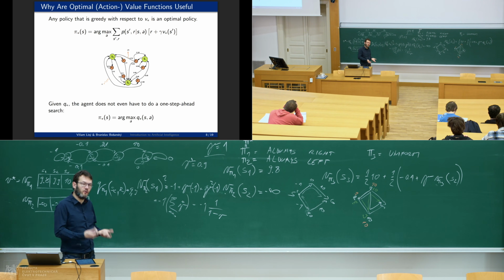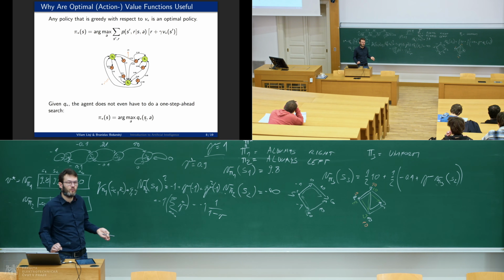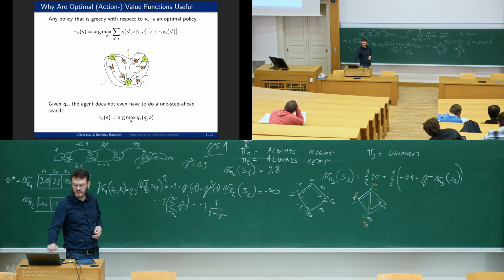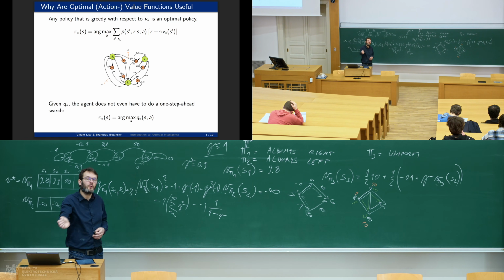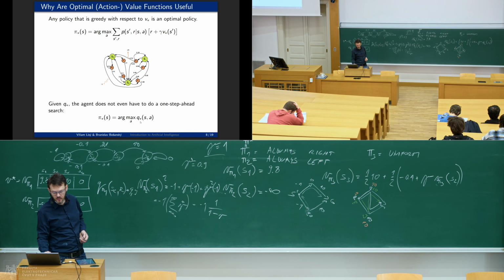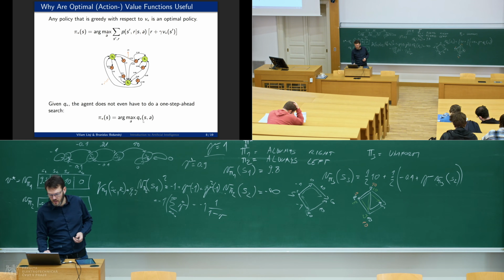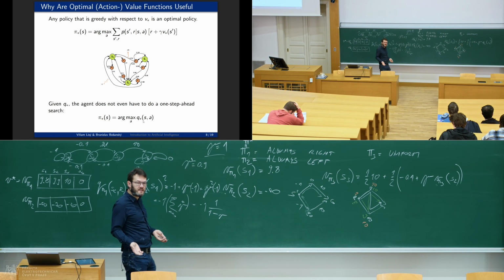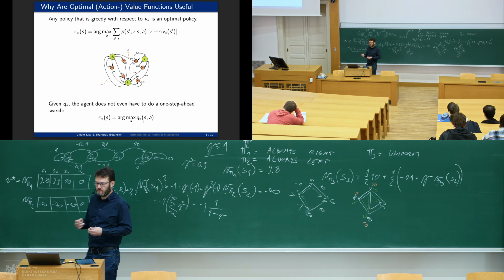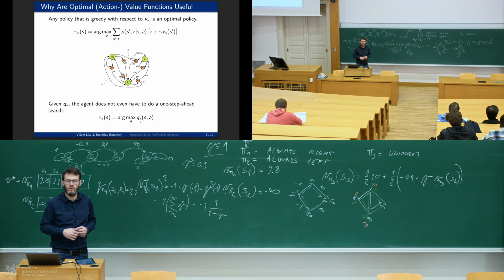And if you are learning the Q function directly, then you will just pick the action in the current state which has the highest Q value. You don't need to make this one step look ahead to compute the expected value of that action and then pick the action. You can pick the action directly based on the Q function you are computing. And also, in the multi-armed bandit setting that we were talking about last time, you have just one state. So this is a much more natural representation, and that's why we were talking about Q values in that lecture.